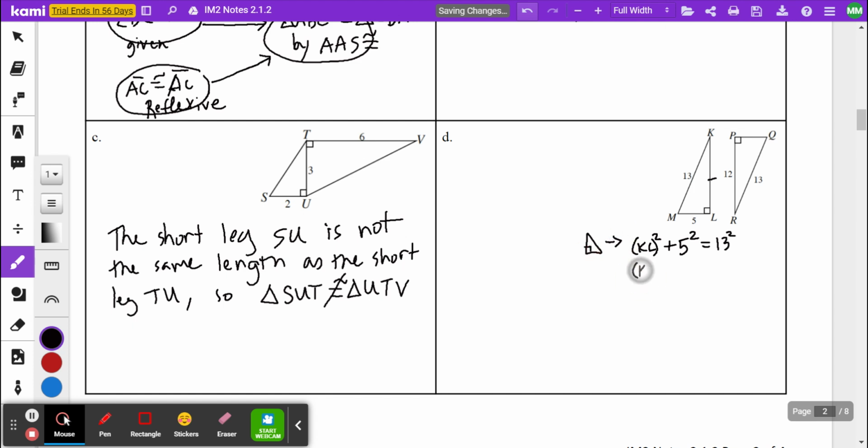So whatever that is, KL squared, that plus 25 should equal, is 13 squared 169? I think it is. I'm going to go with it. I hope I'm right. Minus 25 on both sides. Then KL squared equals 144. I take the square root, both sides, and that tells me that KL is length 12.